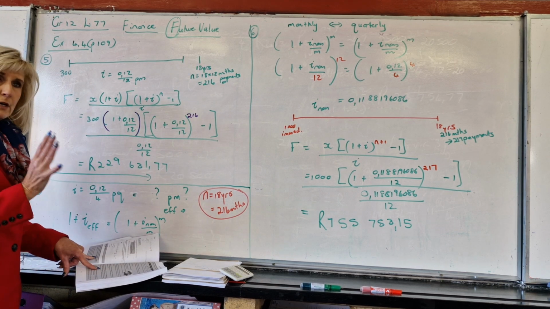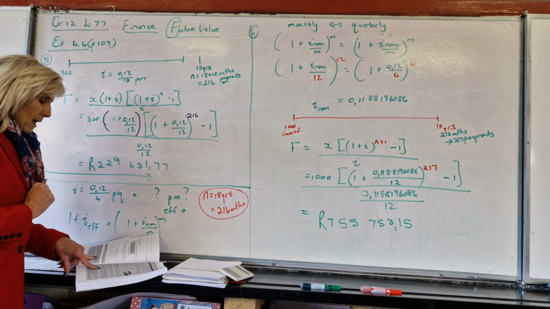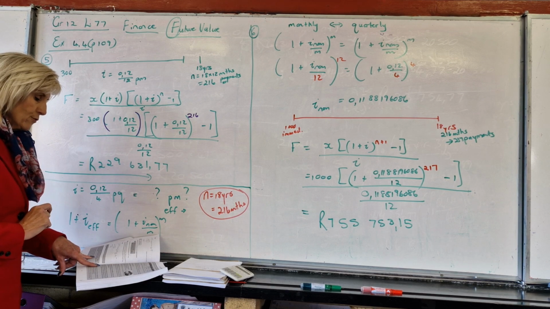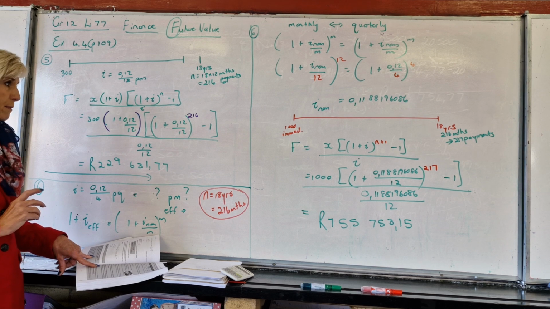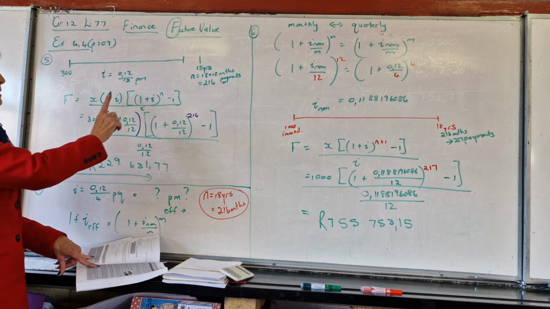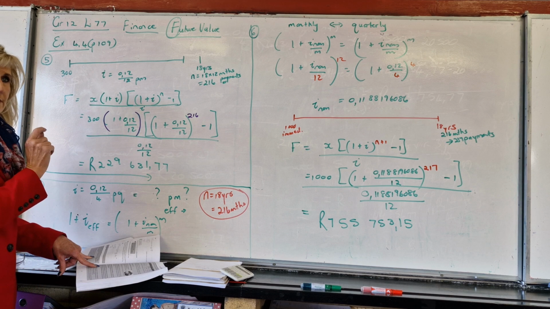Are you with me? So there is a gap at the back. The interest rate is 12% compounded monthly. Compounded monthly, so 12%, that would mean divided by 12 for per month. Focus.